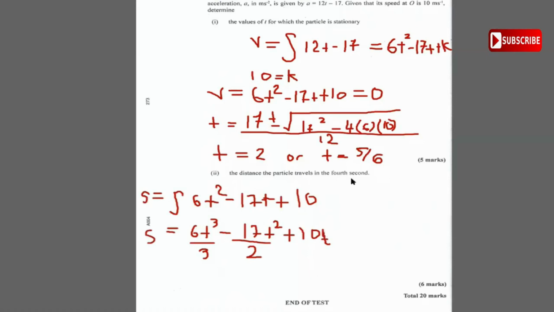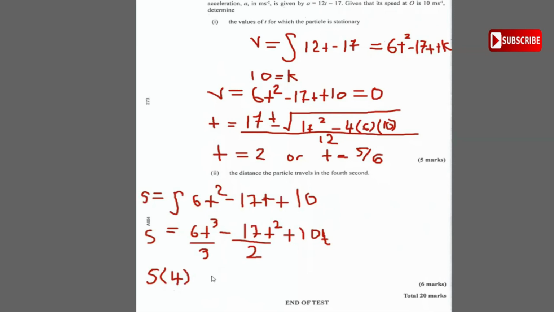So the distance it traveled in the 4th second sounds like S of 4.